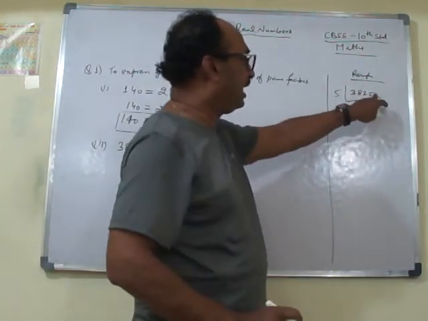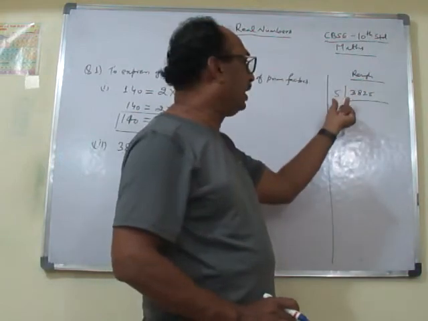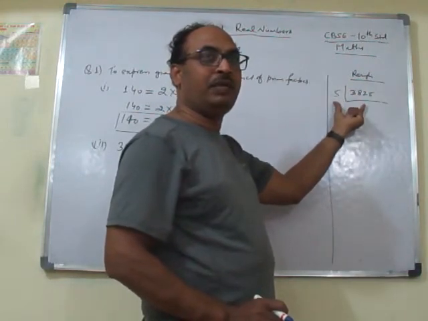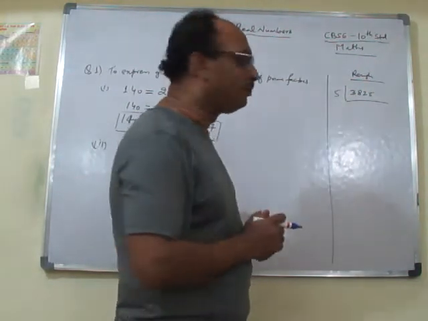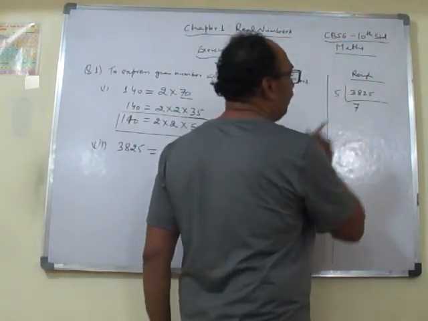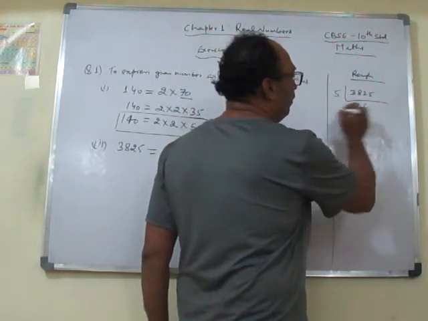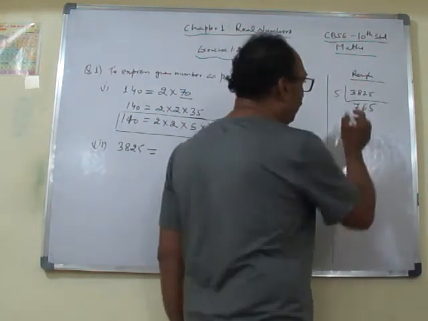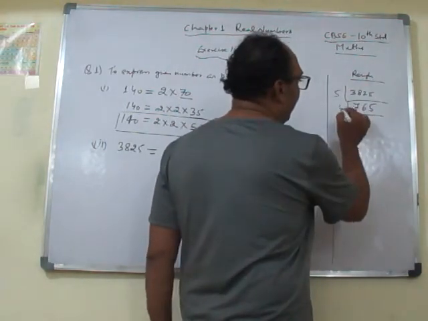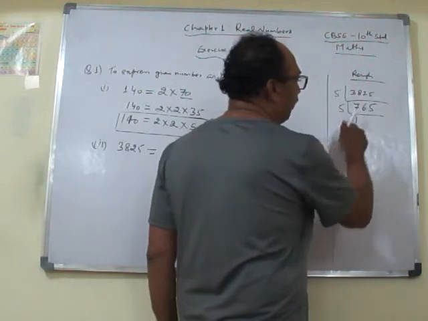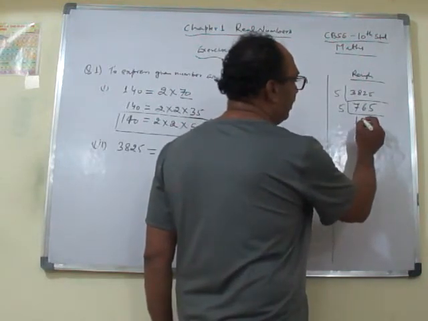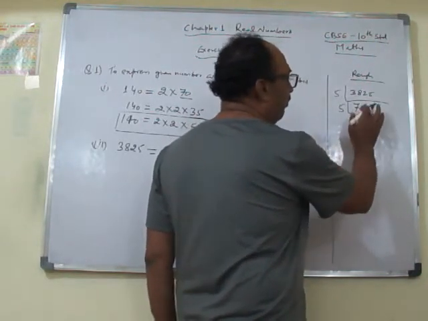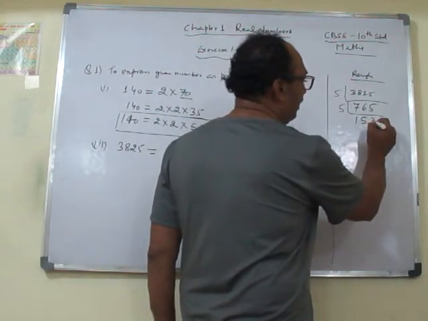As this number has 5 as its last digit, it is certainly divisible by 5. So 5 times 765 is 3825, then 5 times 153, and then 5 times 153 is 765, then 5 times 51 is 255, then 5 times 3 is 15.